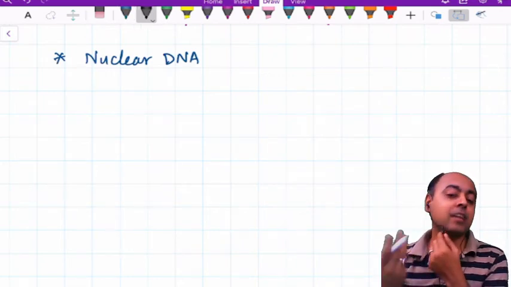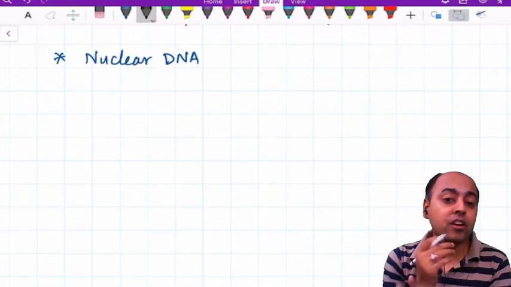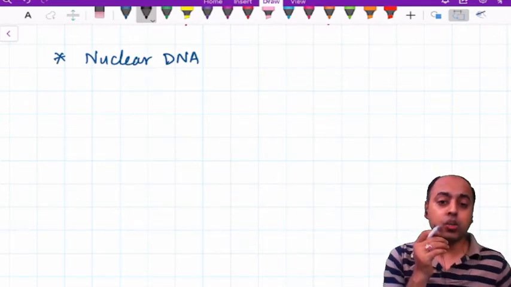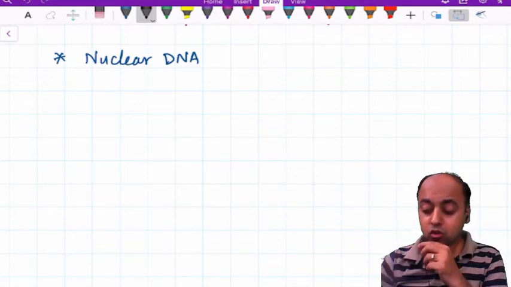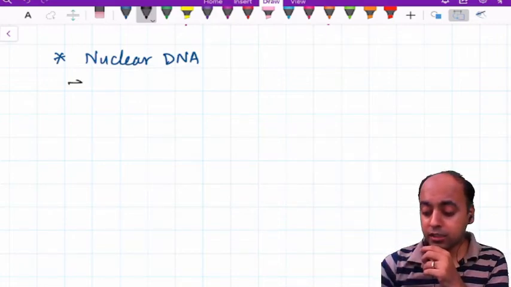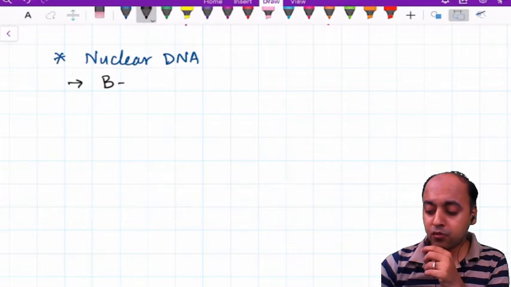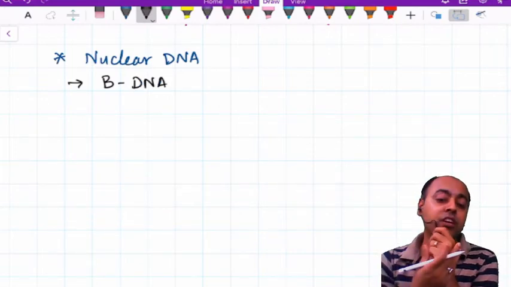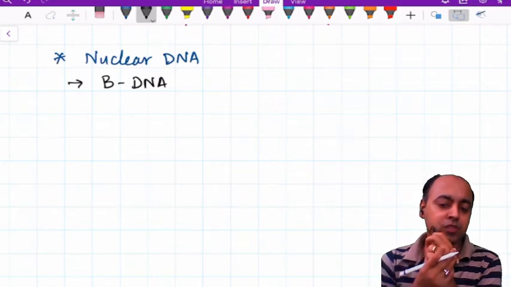This nuclear DNA can be of different conformations. Conformation means different shapes can be there in this nuclear DNA. The most common conformation for nuclear DNA is the B form of DNA. So we'll start off with our discussion on the B form of DNA, and then we'll see what other types of DNA can be there.